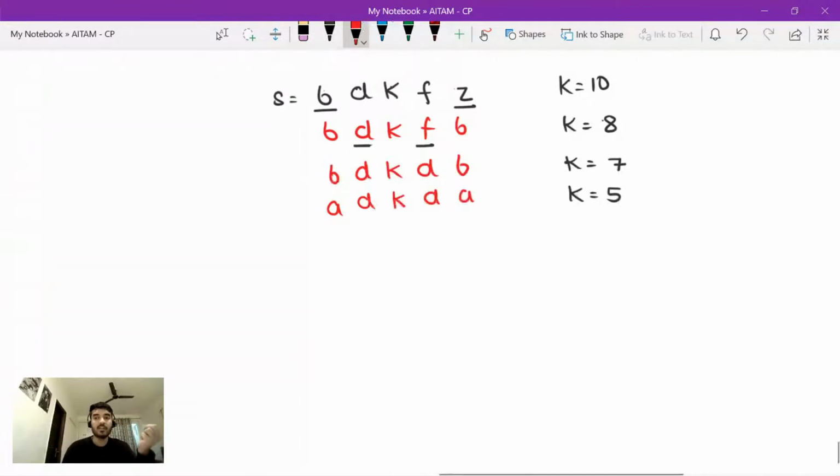No, it is not 6. It is 5, because here I have applied one left shift, and here also I have applied one left shift. Now I am left with 5.